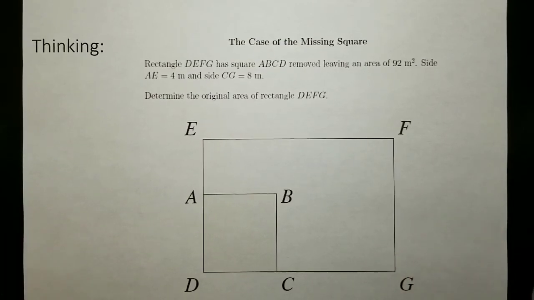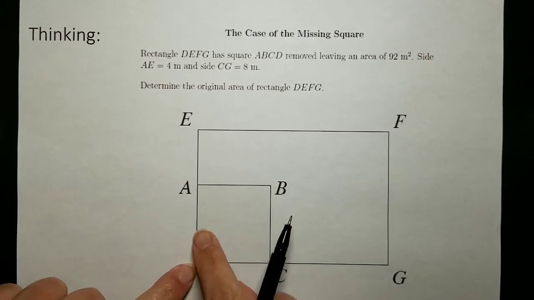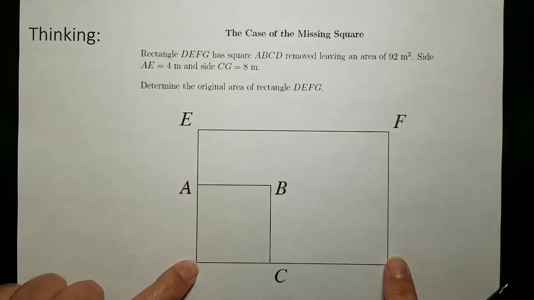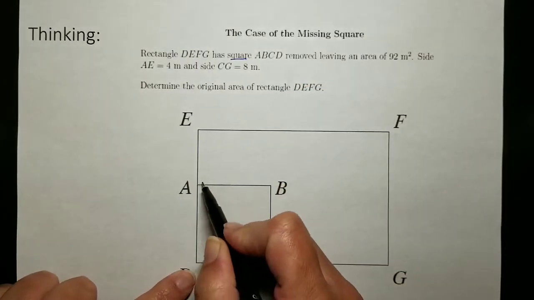We are going to set this up using an equation. So you'll see a number of kinds of geometry questions in particular that you can use equations to solve. So this says rectangle DEFG. So this is the big outside rectangle, has a square. So this guy is a square, ABCD.